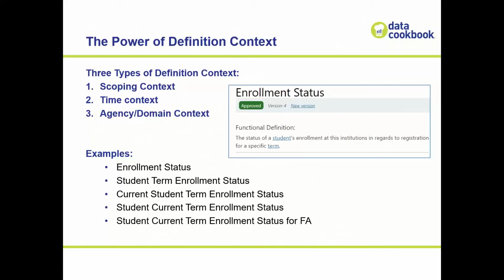Are we talking about the actual values of the status codes that we have? Are we talking about an actual status of a student's enrollment at this institution? So it's okay. We've defined enrollment status and we've said that this is what this is. The enrollment status is the status of a student's enrollment at this institution in regards to registration for a specific term. It might be better defined as student term enrollment status.